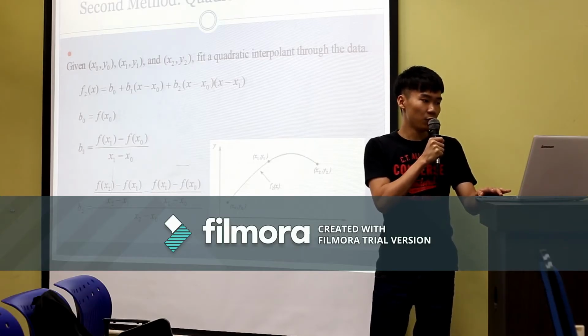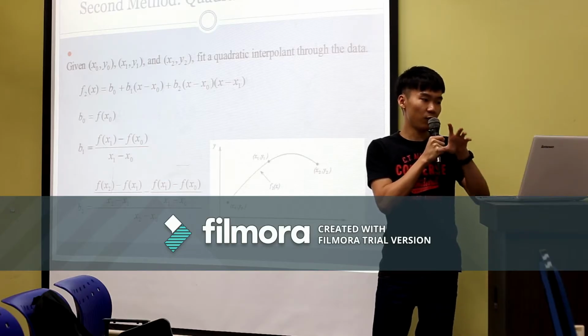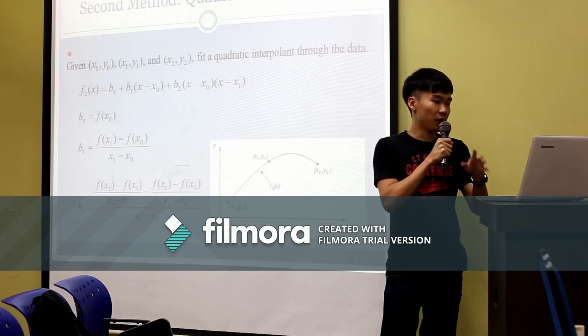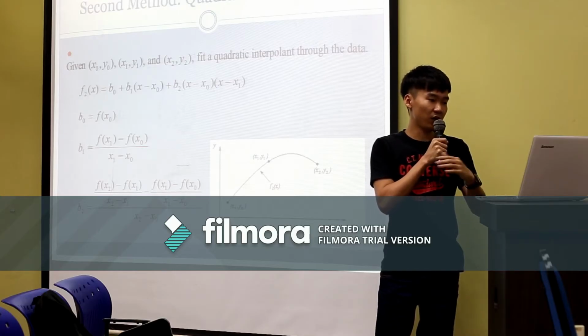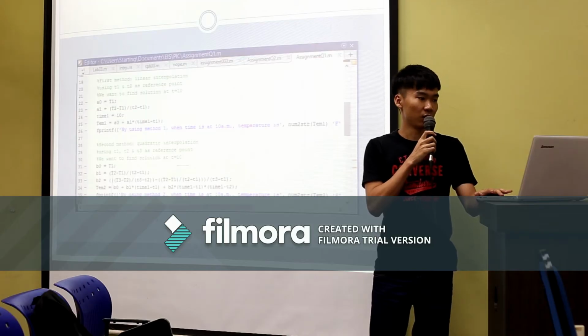And b2 is equal to function of x2 minus function of x1 divided by x2 minus x1, minus the whole function of x1 minus function of x0 divided by x1 minus x0, and then divided by x2 minus x0.